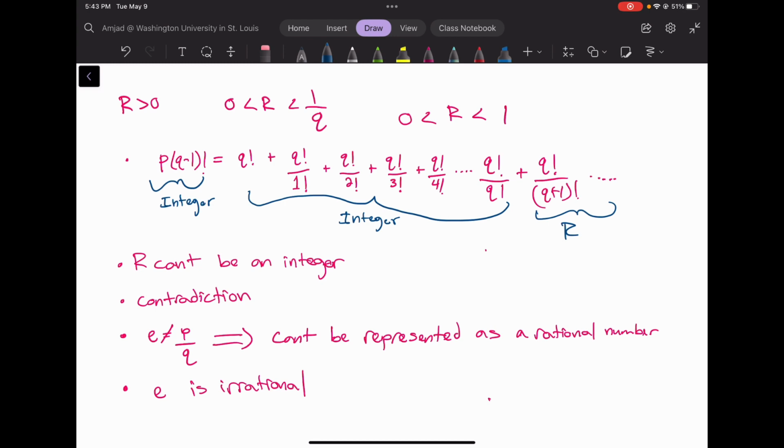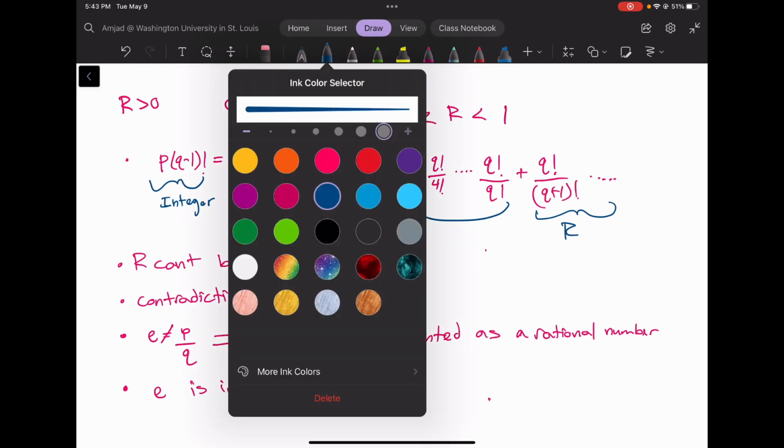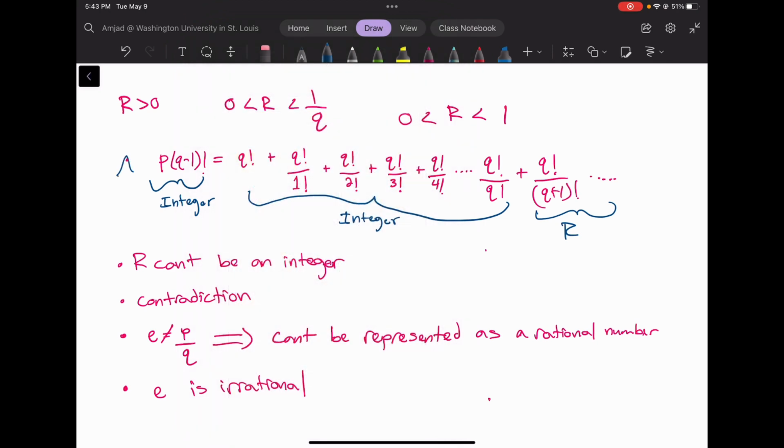So if we look back at our equation here, we were trying to show that we've already shown that the left-hand side was an integer, and we were trying to show that the right-hand side was an integer. So we were able to show that everything was an integer up until r.